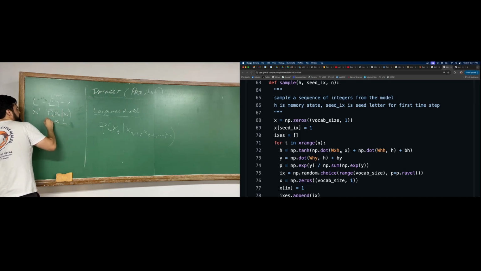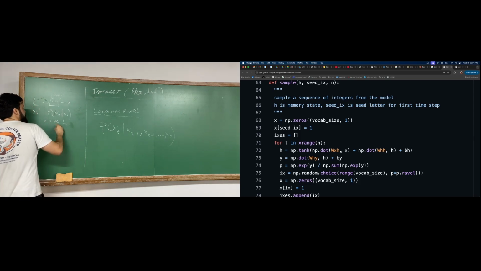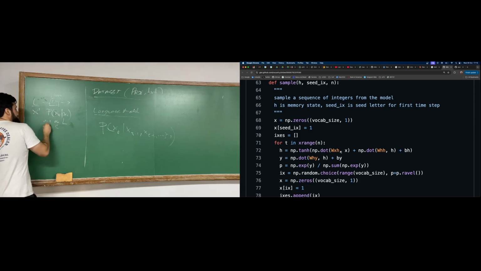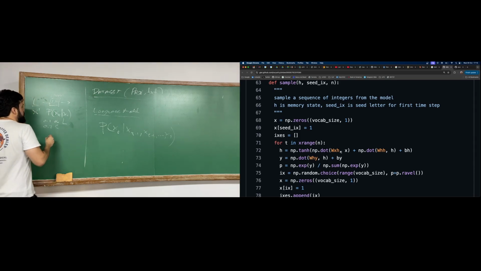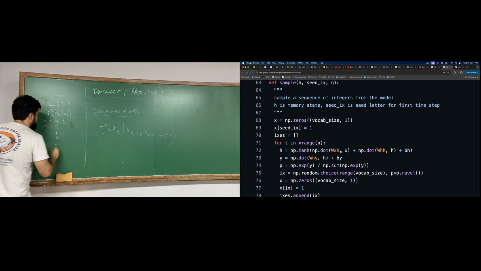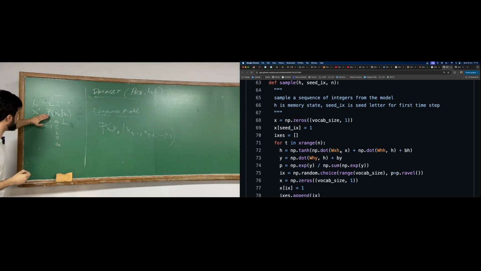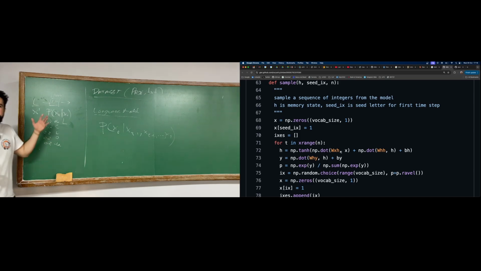So A perhaps has 0.3 probability, and then A, B, C, D, E. The next is E, right? Maybe this is Leonardo. So maybe this also has 30% probability. And I, O, U, maybe all of them have the same 0.2 probability because there are many names that start with L. Then I can just sample from this distribution to pick the next character.